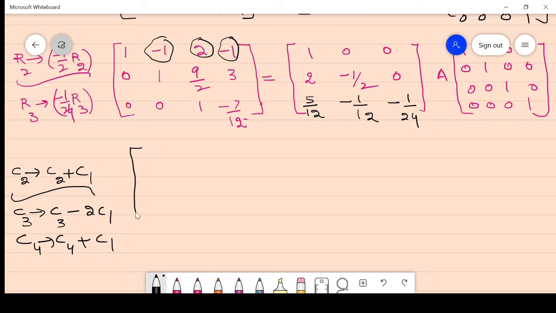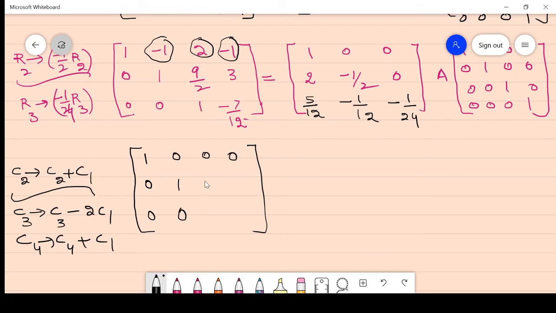So this is the column operation required: 1 0 0 0 0 0, and this is the first column. Now the second column is adding this, so this is 1 0, no problem.